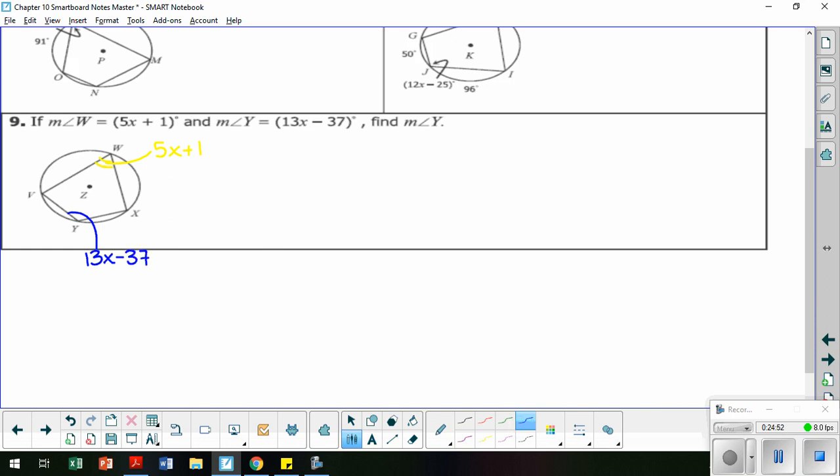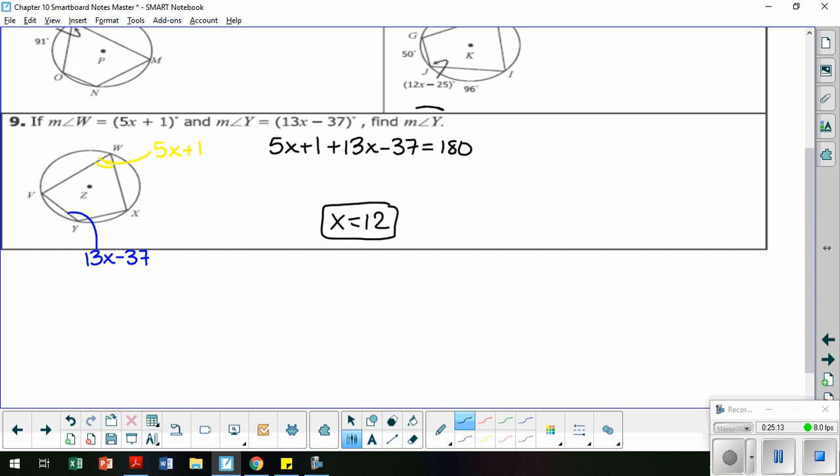What do we know about those two angles? They are supplementary. So 5x plus 1 plus 13x minus 37 equals 180. If you solve that down, you get x equals 12.